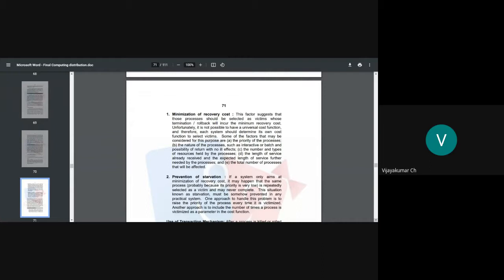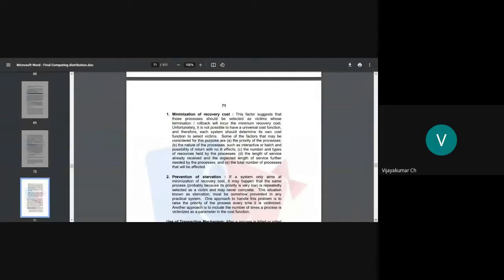Some of the factors that may be considered for this purpose are: number one, the priority of the process; number two, the nature of the process, such as interactive or batch, and the possibility of rerun with no ill effects; number three, the number and types of resources held by the process; number four, the length of service already received and the expected length of service further needed by the process; and the last one is the total number of processes that will be affected.